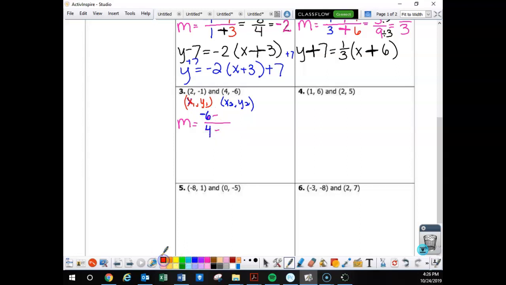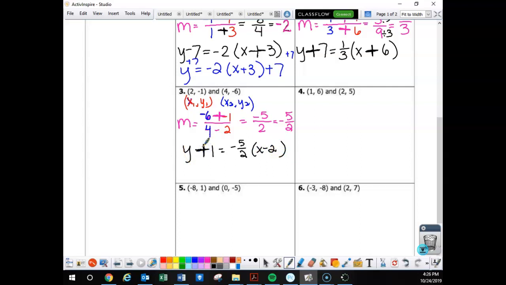Negative 6 over 4 and negative 1 over 2. If I add everything up, these two negatives become a positive. Negative 6 plus 1 is negative 5, and 4 minus 2 is 2. So negative 5 halves. If I plug it into my formula, it's y minus negative 1 equals negative 5 over 2 times x minus 2. This becomes positive.